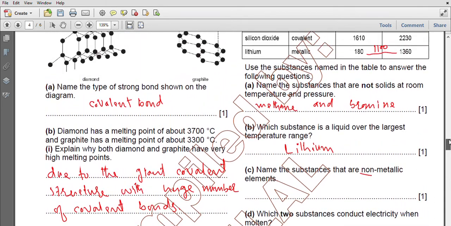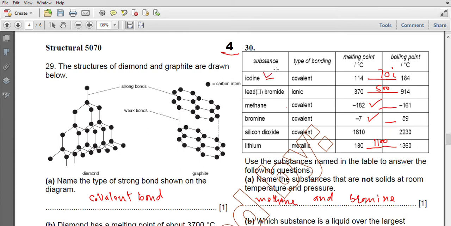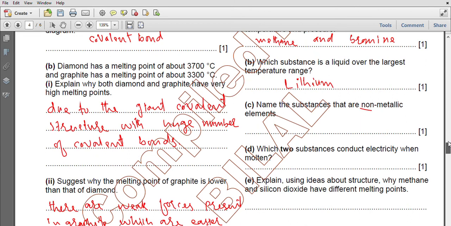We have to focus only on the element, not their physical states. Iodine and bromine are diatomic, lithium is a metallic element. So we have to eliminate this one. Only iodine and bromine are non-metallic, whereas lithium is metallic.